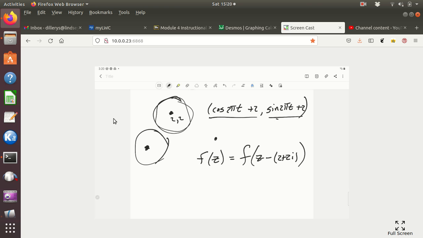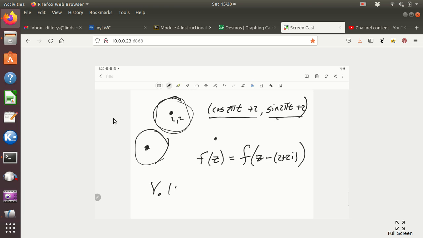Okay, so I said, here's a circle 2, 2. There's our parameterized path, unit circle around it. But then all we have to do is subtract from gamma of t. Call it gamma 0.